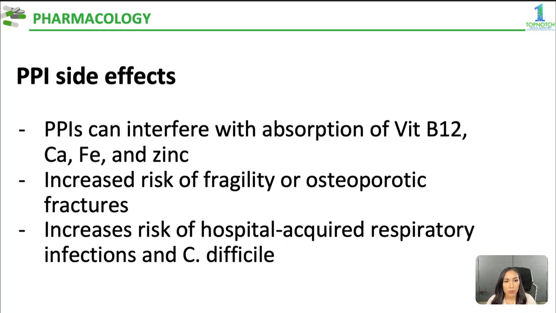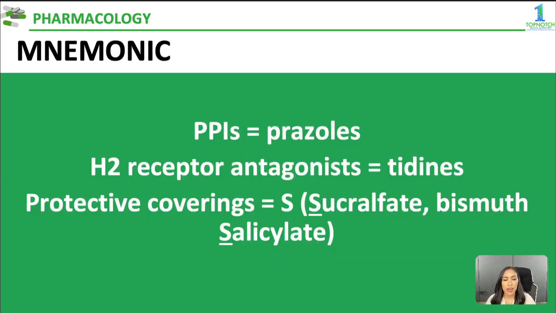It can interfere with absorption of vitamin B12, calcium, iron, and zinc, increased risk for fractures, and hospital-acquired infections. Mnemonic, PPIs equals prazoles. Omeprazole, esomeprazole, lansoprazole. H2 receptor antagonist, mga tidines. Ranitidine. Yung mga protective covering, mga S, sucralfate and bismuth salicylate.